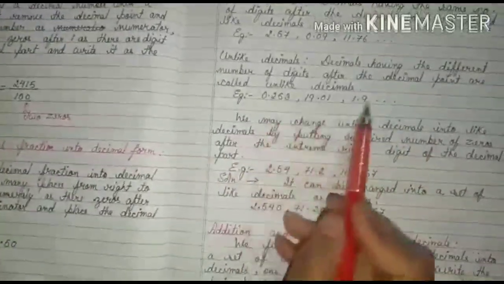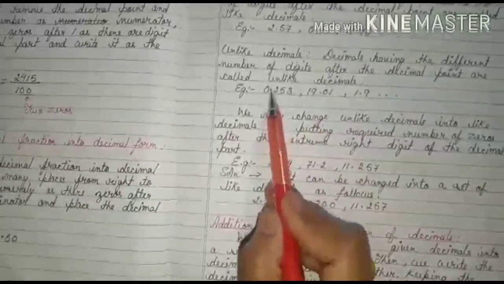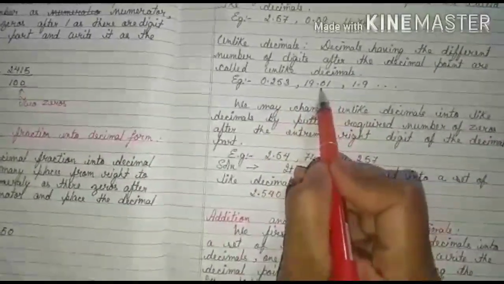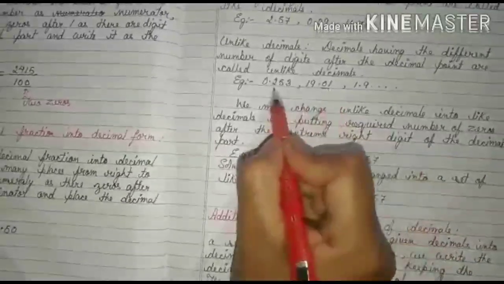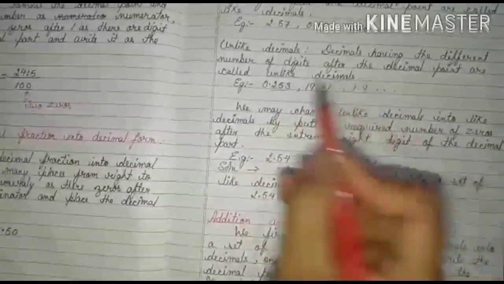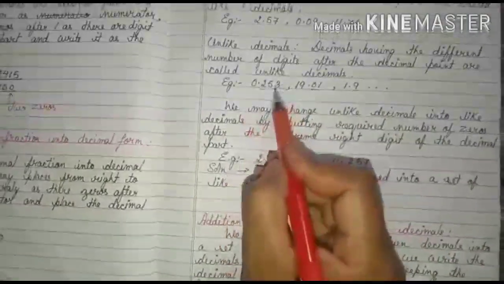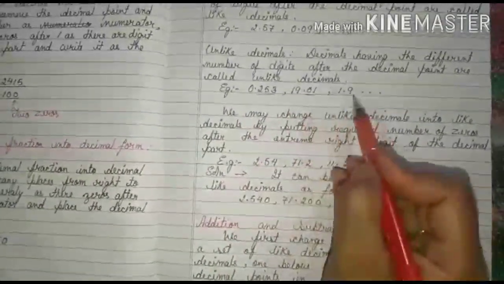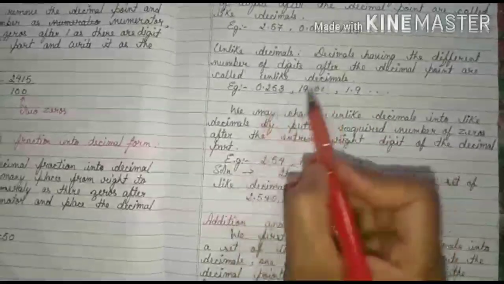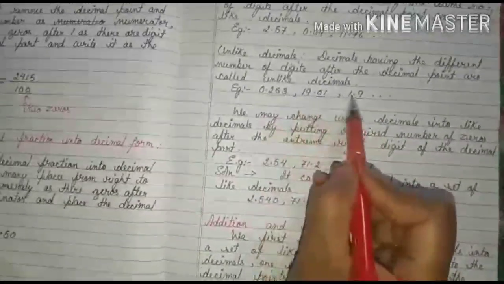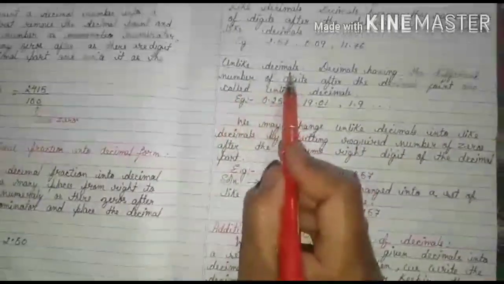The first has three digits after the decimal point, the second has two, and the third has only one. Such types of decimals are known as unlike decimals.